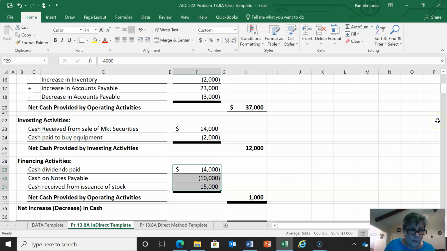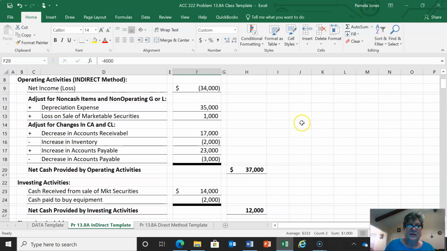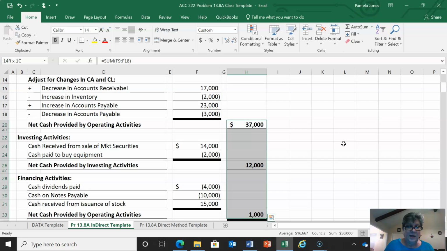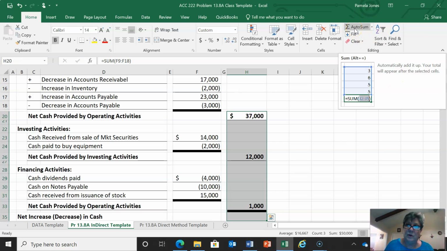Now, the next thing that we have to do is sum the sections. The cash provided by operating activities plus the $12,000 cash provided by investing activities plus the $1,000 cash provided by financing activities. We add those up since they're all positives.